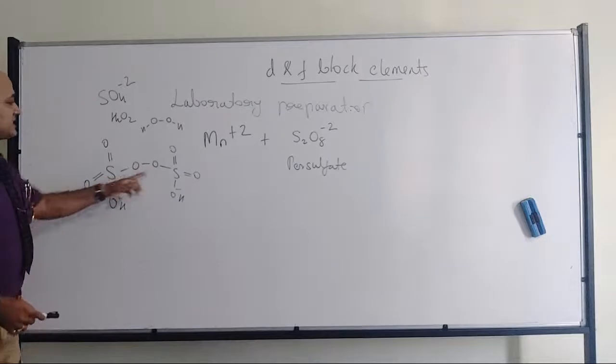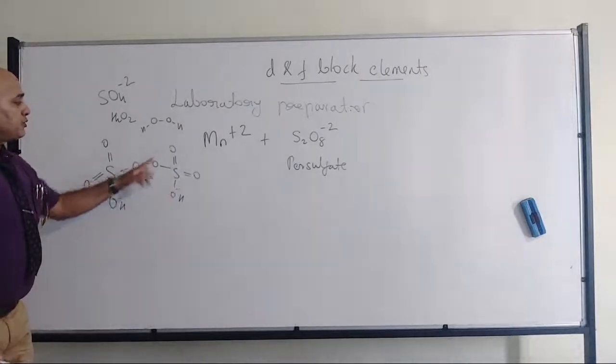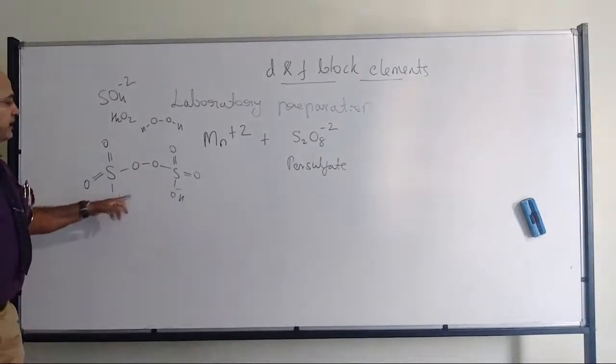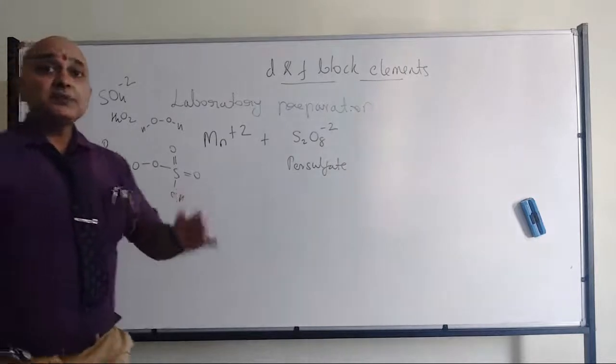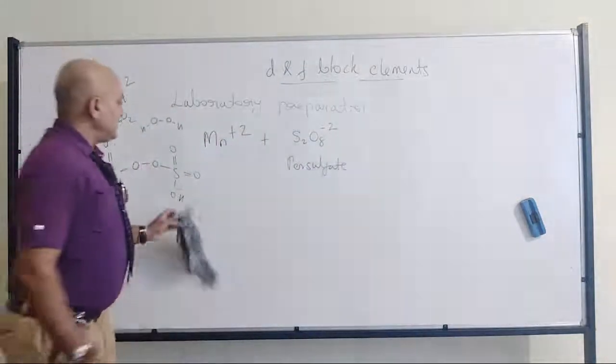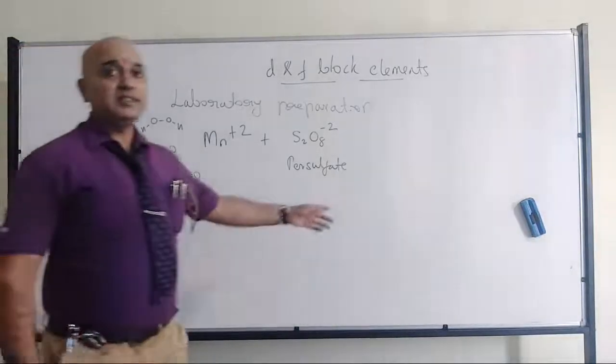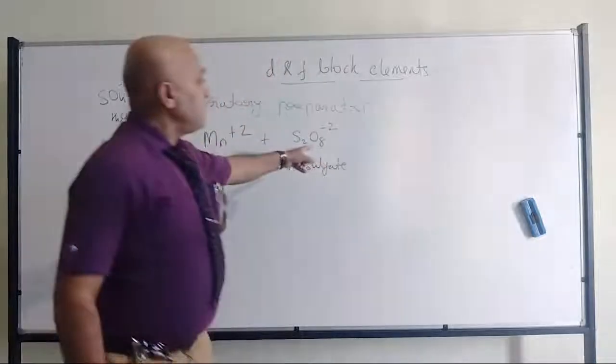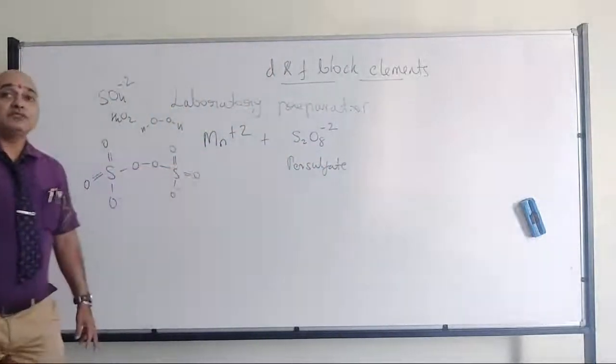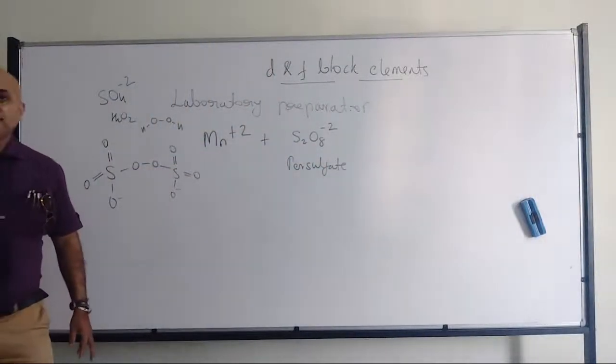Right? S2O8, total 8 oxygen, minus 2. Since I am going with the ionic equation, I will go with S2O8 minus 2. That's where we have the persulfate.